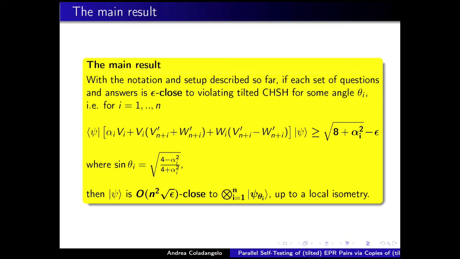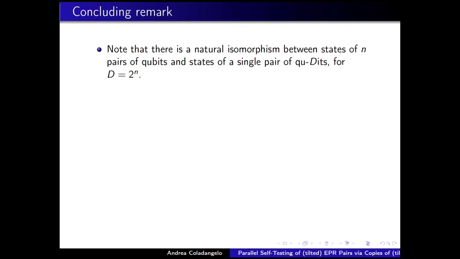So meaning for each such state, can we write down self-testing correlations? And the reason why I looked at testing many tilted EPR pairs is the following. There's a natural isomorphism, of course, between states of n pairs of qubits and states of a single pair of qudits for d equals 2 to the n.